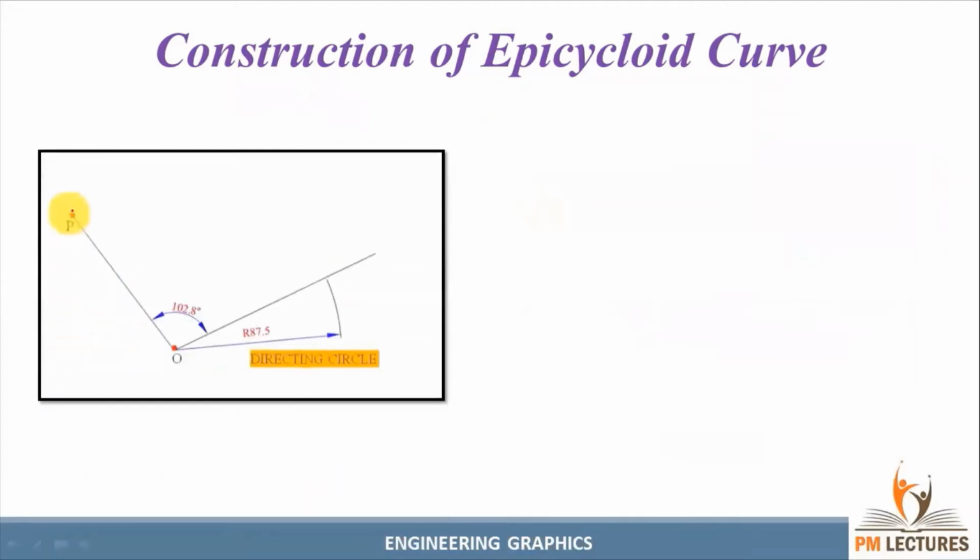So after that, from this point we need to draw an extension line, and this extension line length is small r, that is the radius of the rolling circle. So after drawing this, take your compass, keep this as the center and measure up to here and draw a circle, guys.